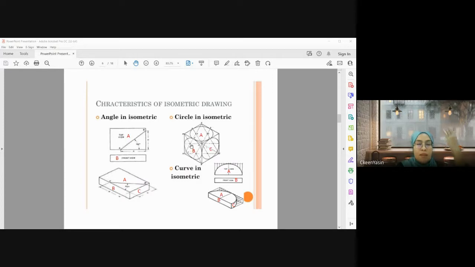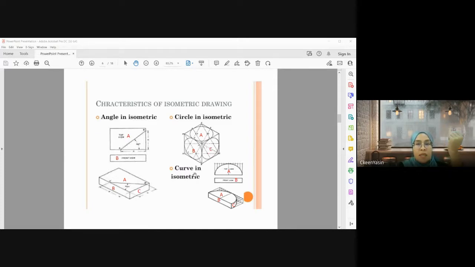B, if you have an object which is vertical, should look like this. Simple, you draw a square box, and then you draw a circle. Then it will look something like this.